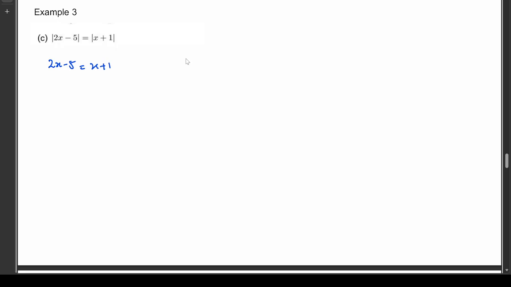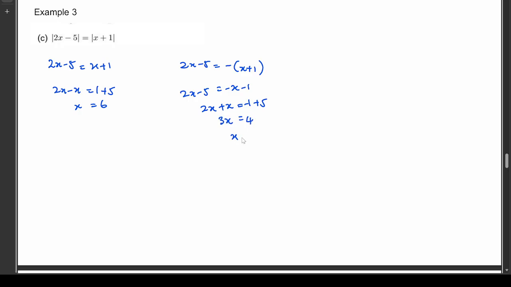So you have one case where it's positive, and you have another case where, let's say, one side is negative, and then you solve for these two cases, right? X equal to 6. This one, x equals to 4 over 3.